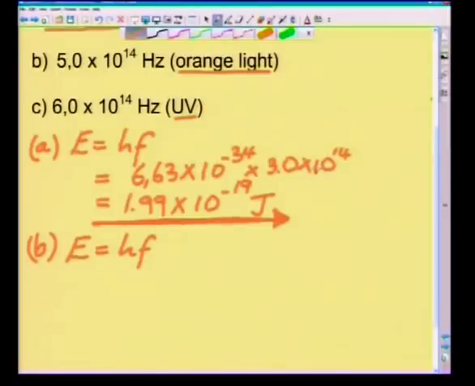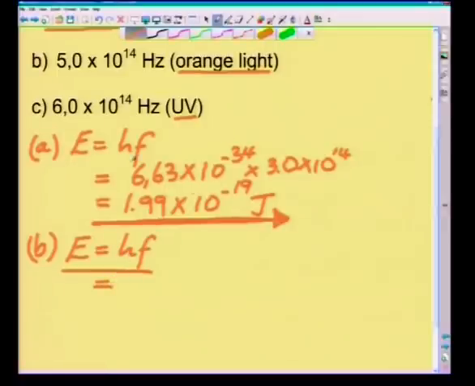It would be easier for me here to just say E equals 6.63 by 10 to the power minus 34 times 5.0 by 10 to the power 14. But I need to follow the principle all the time. I must write down this formula first before I substitute into it.